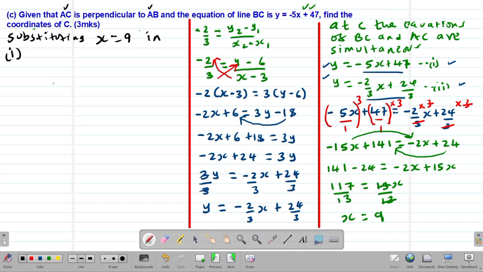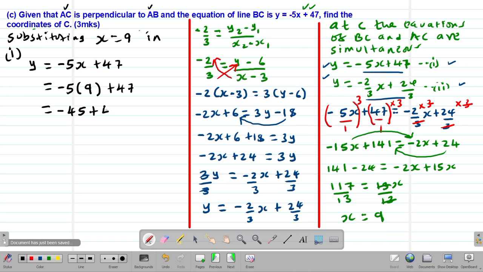Remember, the first equation was y is equal to negative 5x, then plus 47. So this will be negative 5 into the value of x, which we have gotten to be positive 9, then plus 47. So this will be equal to negative 5 by 9, I'll get negative 45. Then of course plus 47. Negative 45 plus 47, I'm going to get a positive 2.